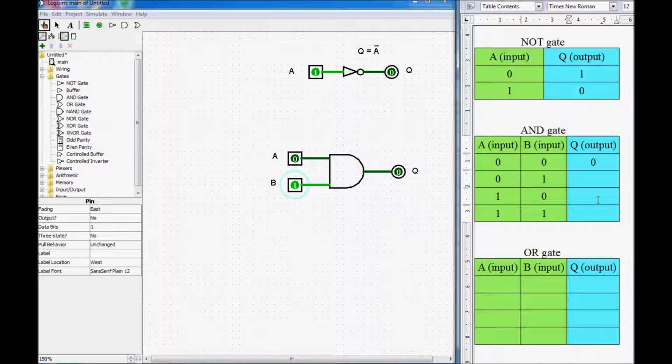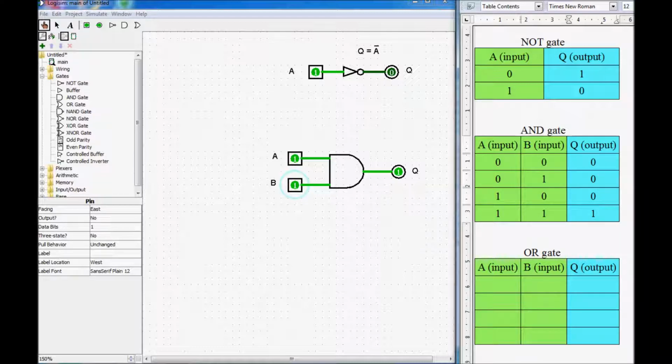It is 0 if we have 1 in the input A, and if we have 0 in the input B. Also in this case we have 0 in our output, and when we have 1 on both of our inputs, then also the output of this gate switches to logical 1. And this is how the truth table for AND gate looks like.